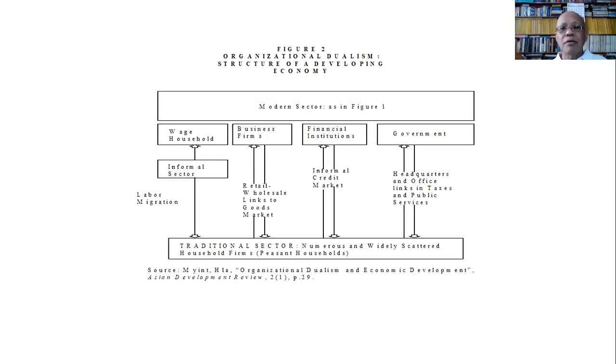And for developing economies, they're a dualistic economy in that they have a modern sector and the informal sector coexisting in the same country. And therefore, for long-term economic development, the informal sector would need to be integrated with the modern sector, which means that infrastructure development has to be so designed so that the lower income communities could have the necessary access to transport, communication, energy, water supply, and sanitation systems.